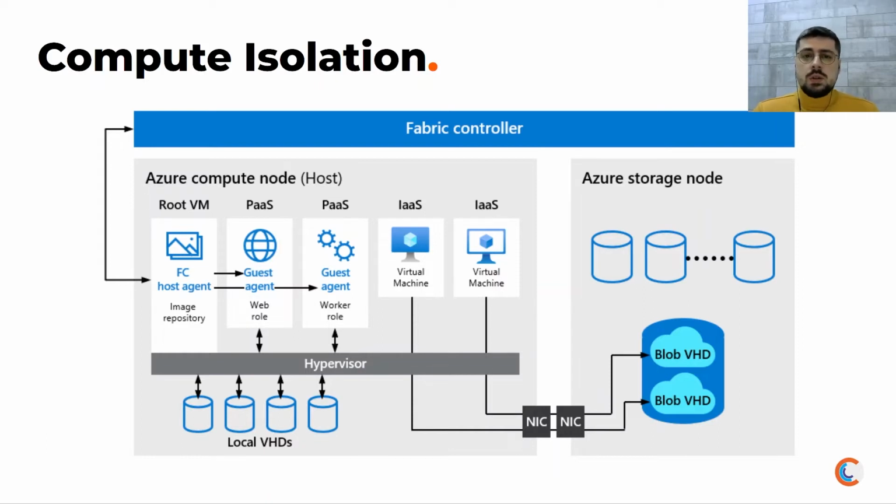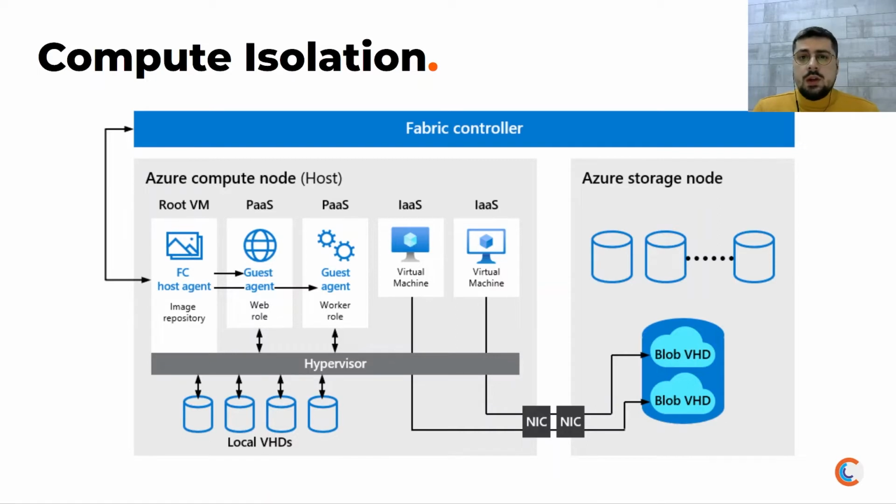Physical servers hosting VMs are grouped into clusters. They are independently managed by a scale-out and redundant platform software component called the Fabric Controller. Each Fabric Controller manages the life cycle of VMs running in its cluster, including provisioning and monitoring the health of hardware under its control.